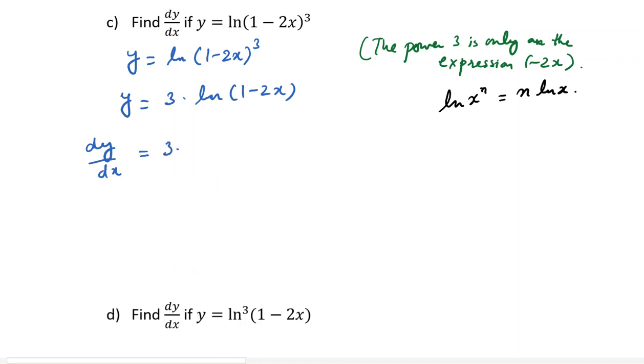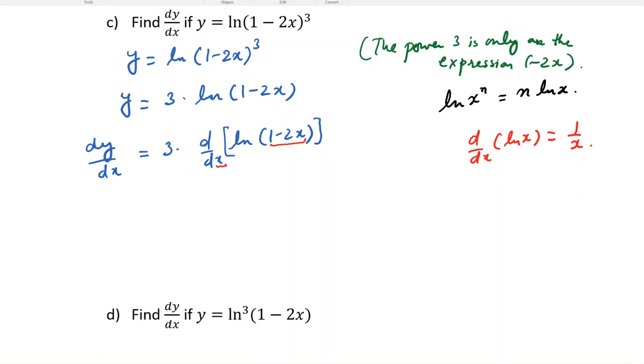3 is just a scalar, so we need the derivative of ln of 1 minus 2x. We know that the derivative of a ln function is 1 over x, but if you have a different expression inside the ln, you need to use the chain rule.